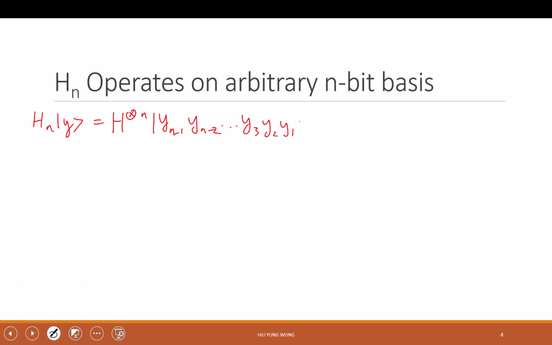So I have n digits, right? Again, some of you may ask why I have n minus 1 but I start with 0. That's why it's n digits, right?